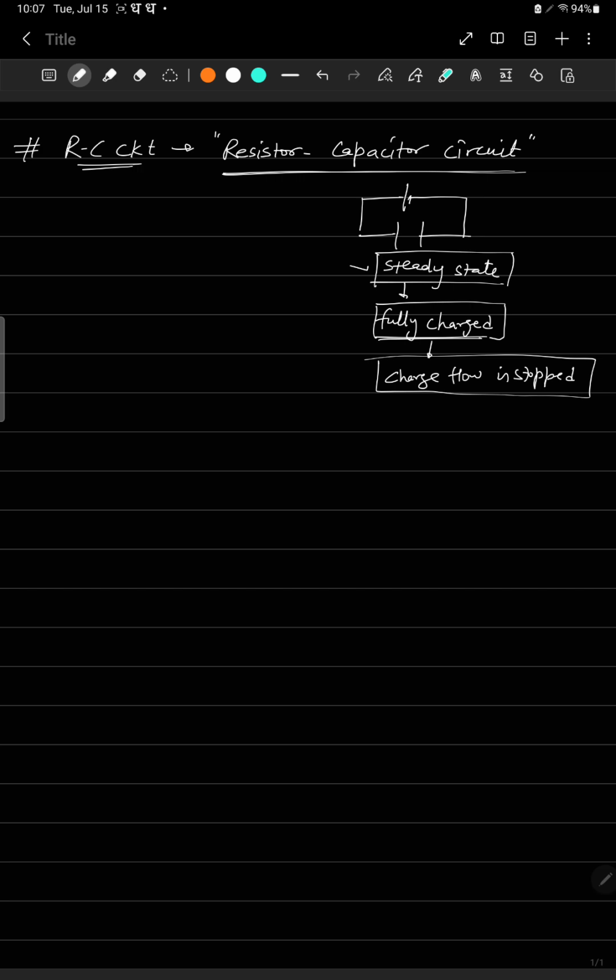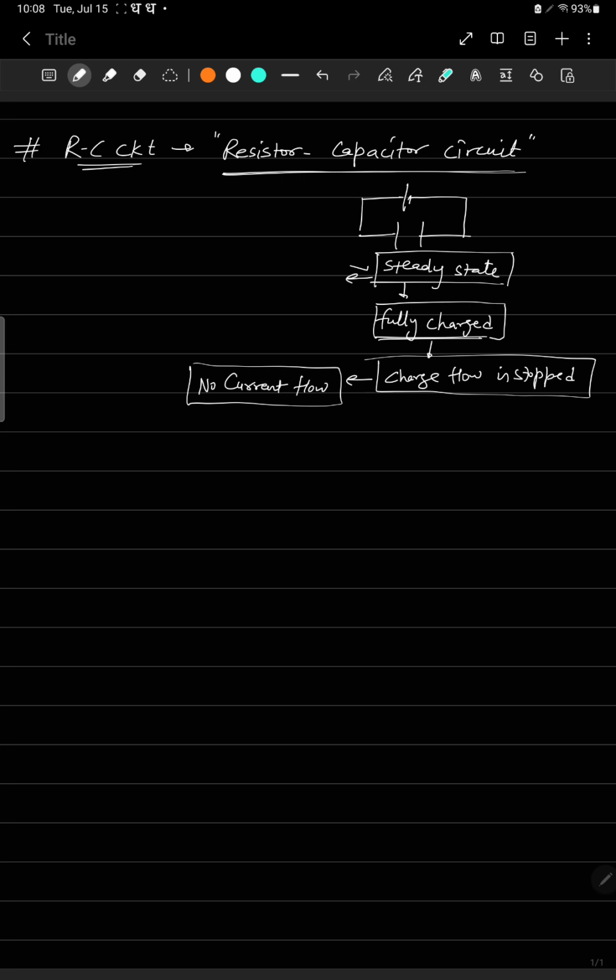So now we are going to talk about the RC circuit. There's one more important thing: when the capacitor is fully charged at steady state and the charge flow is stopped, it means there's no current flow. And if there's no current flow, then there is no use of a resistor. Normally each circuit will have a resistor; we cannot imagine a circuit without a resistor.